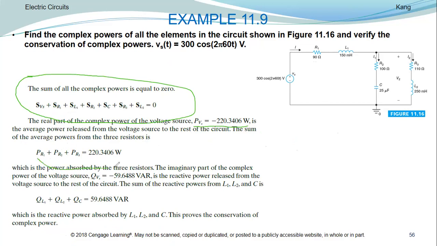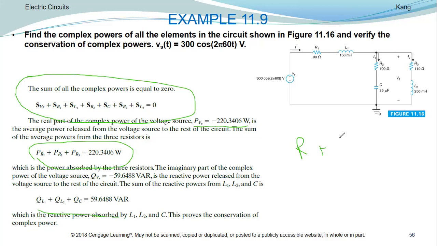Okay, so the average power, PR1 plus PR2 plus PR3, will be equal to 220, and the imaginary part, which will be QL1, QL2, and QC, is 59.643. So there's a real part and an imaginary part.